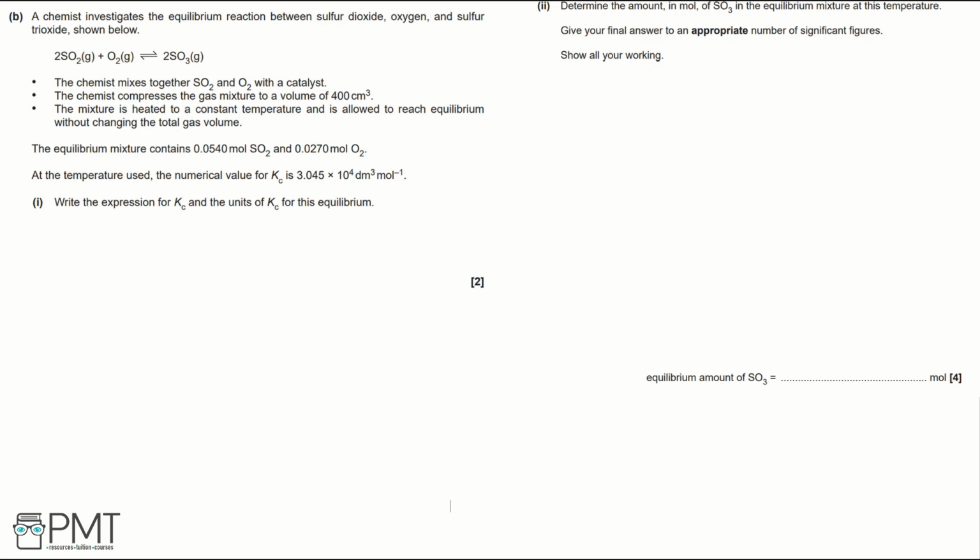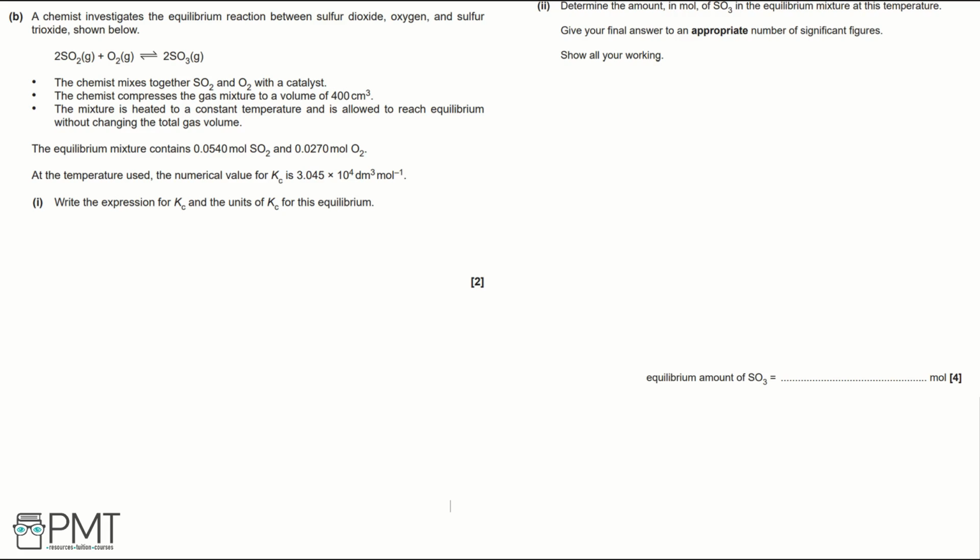The mixture is heated to a constant temperature and is allowed to reach equilibrium without changing the total gas volume. The equilibrium mixture contains 0.0540 moles of sulfur dioxide and 0.0270 moles of oxygen. At the temperature used, the numerical value of Kc is 3.045 times 10 to the 4 decimeters cubed per moles.